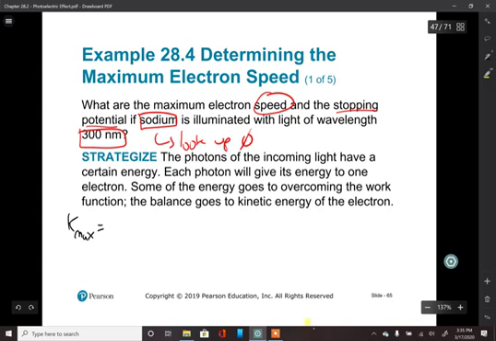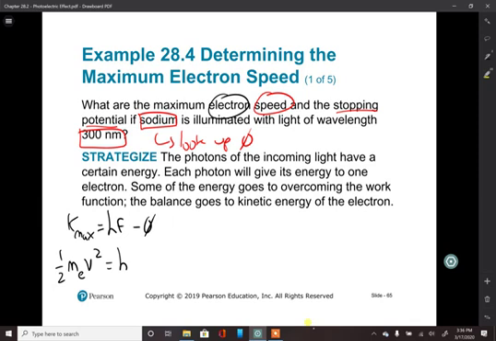K max = hf - phi. Well, kinetic energy is just 1/2 m v squared, and since this is an electron, it's the mass of an electron. We don't know the frequency, but we do know the wavelength. So using c = lambda f, we can rearrange that to find that the frequency is c over lambda.